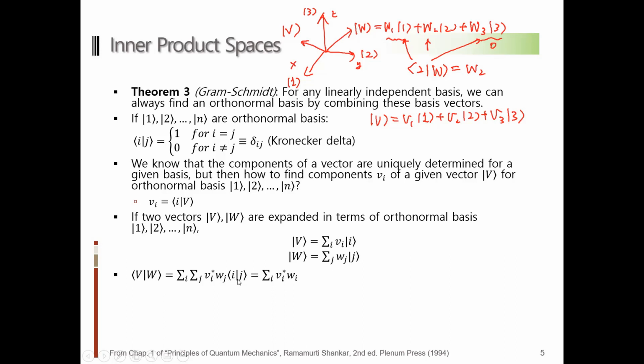But because of the Kronecker delta property of the inner product between the orthonormal bases, it reduces to the Kronecker delta function. That means this double sum becomes a single sum like this, and the result of the inner product becomes very simple.